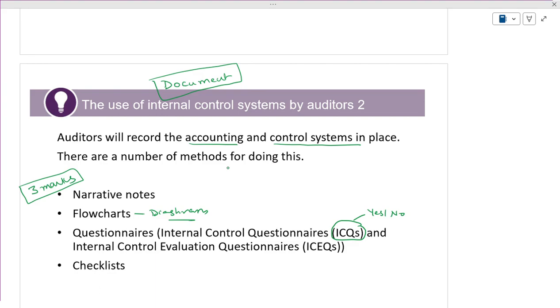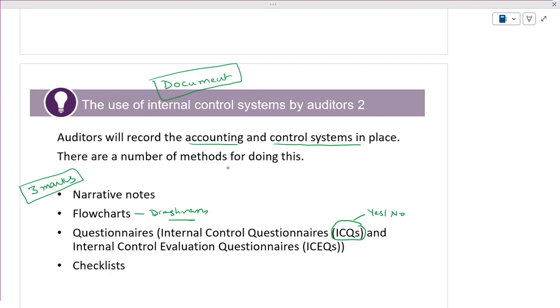They will never say otherwise, I don't think so. They will ask specifically. At least to my knowledge, they will say any 2 documentation procedures of recording the internal control systems: narrative notes, flow charts, ICQ and checklist.